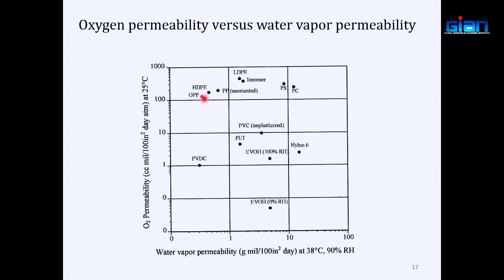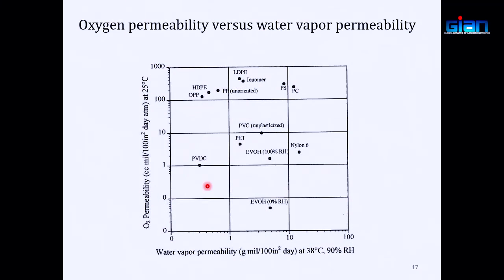And if you want lower water vapor permeability, these are the polymers: PVDC, OPP, which is oriented polypropylene, and HDPE, high density polyethylene, and PP is the normal polypropylene.